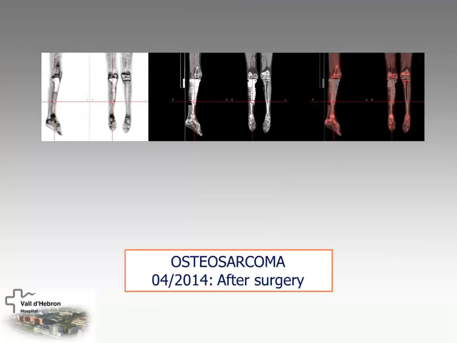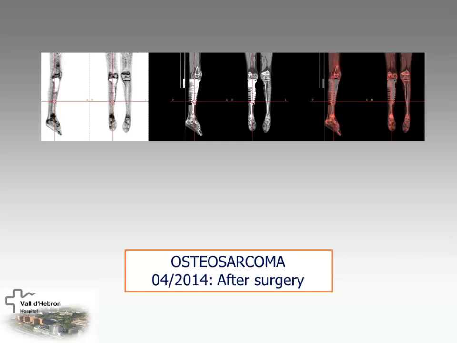This tumor was submitted to chemotherapy, and after that, it was treated with a salvage surgery, putting on the leg a big prosthesis with a lot of things to immobilize the prosthesis.